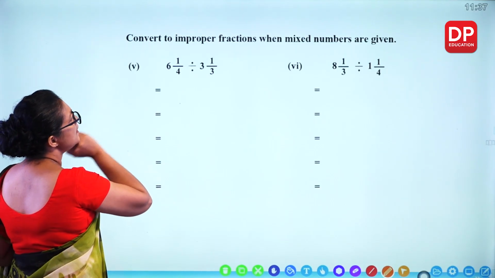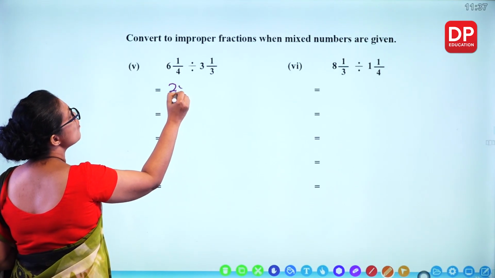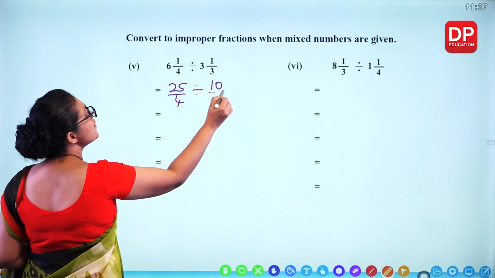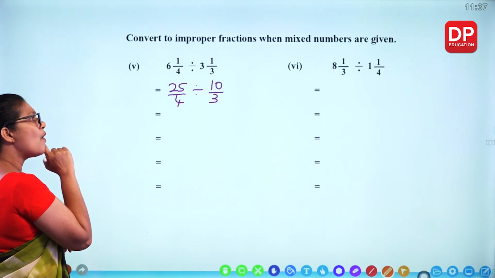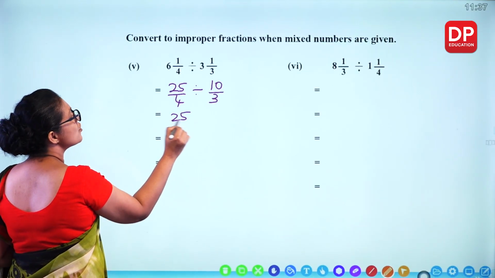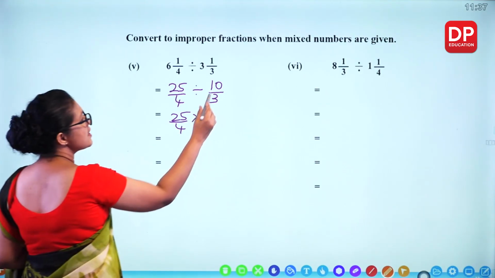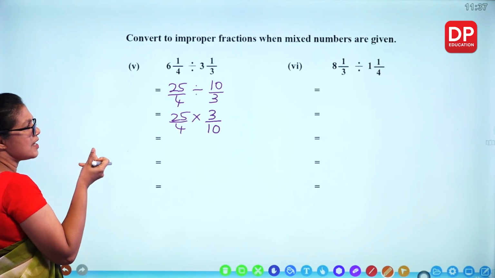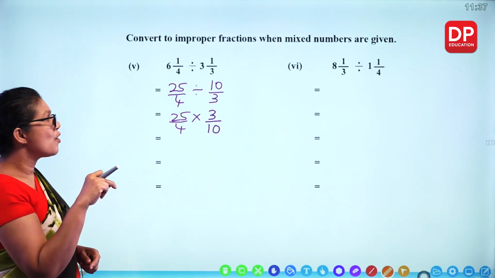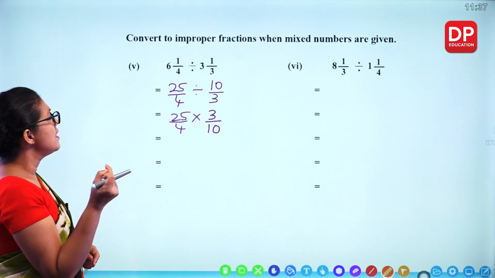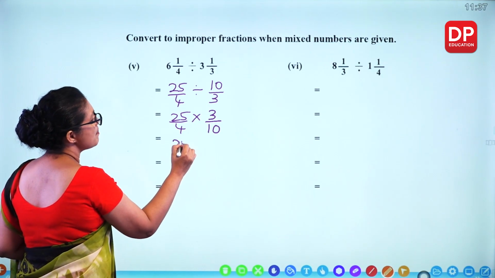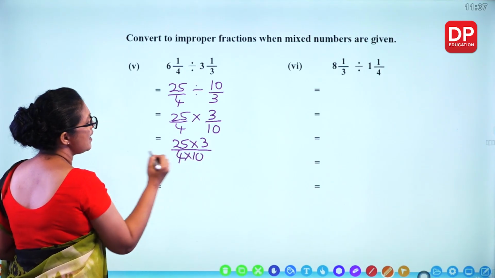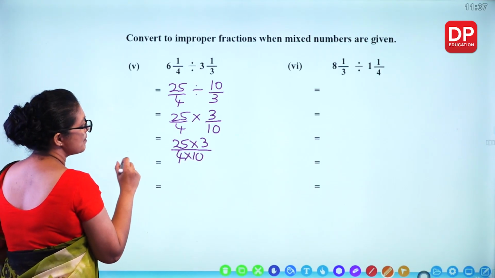Do this example. 25/4, 10/3. Now convert to multiplication by taking the reciprocal, 3/10. Upside down, numerator goes to the denominator, denominator goes to the numerator. Now multiply separately, numerator separately and denominator separately.